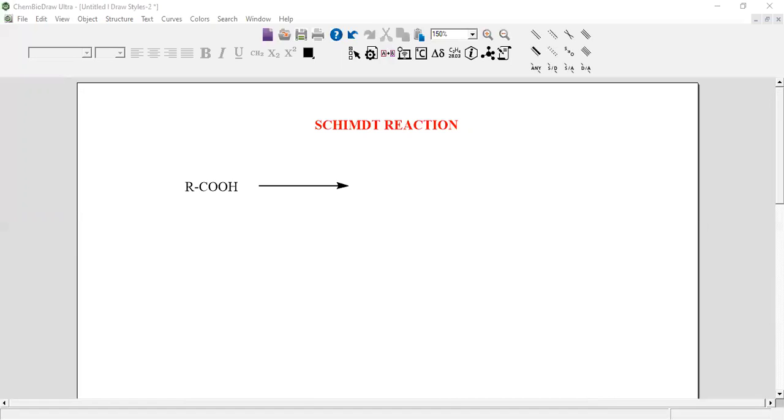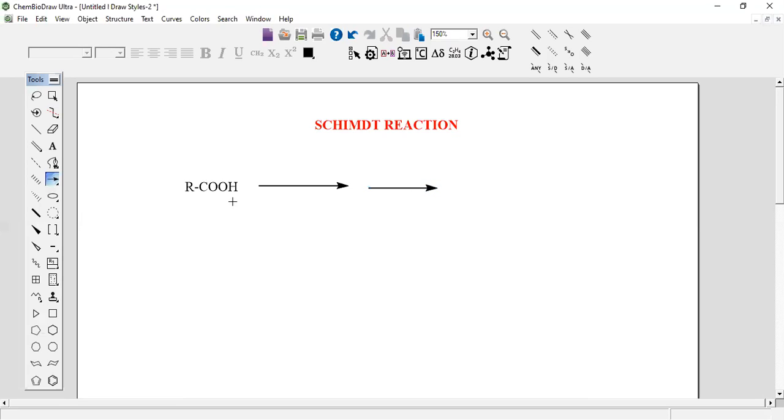In the Schmidt reaction, what happens? The RCOOH will be changed to RNH2.